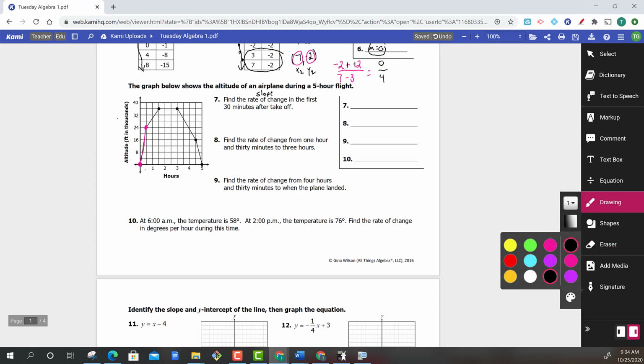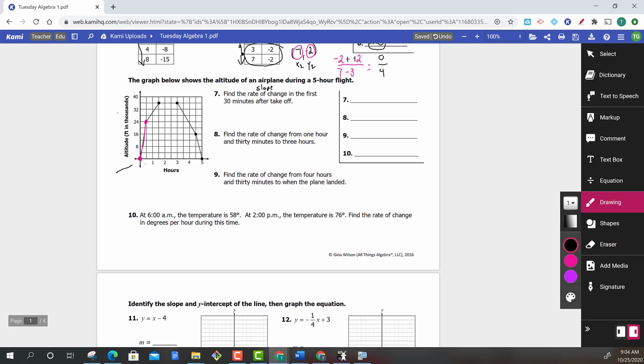So we're just finding the slope between those 2 points, which you can either do rise over run, or you can notice this first point is the point 0, 0. And this other point is to the right 0.5, and it is up 24. So that is 0.5 for the x, 24 for the y. So x2, y2, x1, y1.